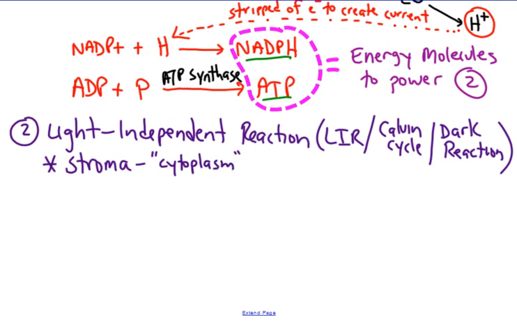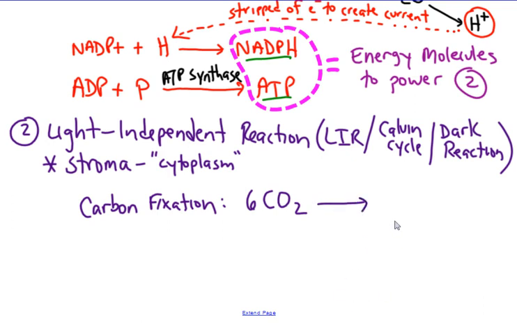The whole purpose of this step is going to be what we call carbon fixation. And in carbon fixation, we have our 6 CO2 molecules, and we essentially are going to make 1 glucose molecule.